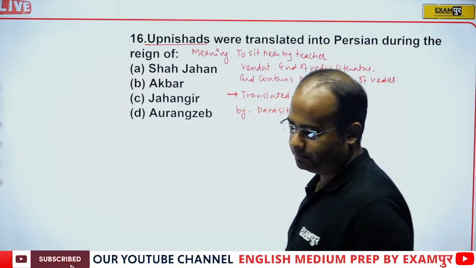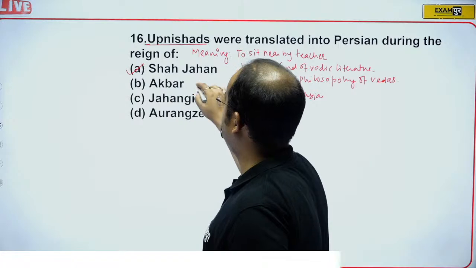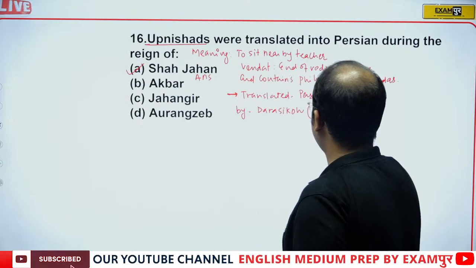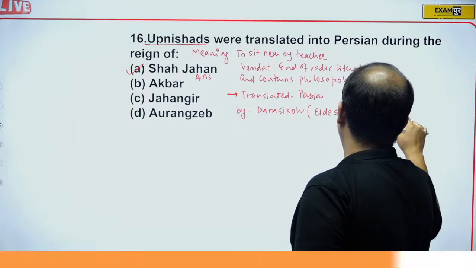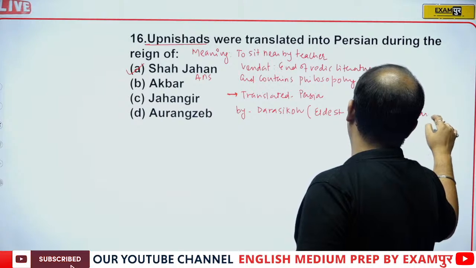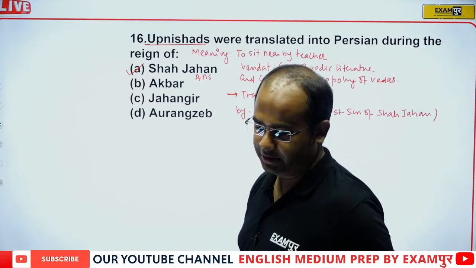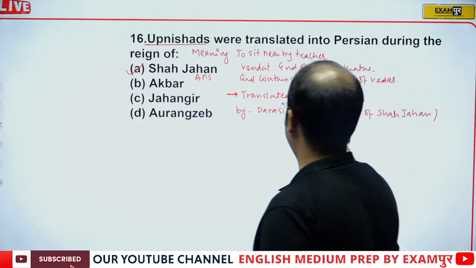So the correct answer will be, guys, and Dara Shikoh was the eldest son of Shah Jahan. So that happened during the time period of Shah Jahan. So the correct answer will be option C, A.